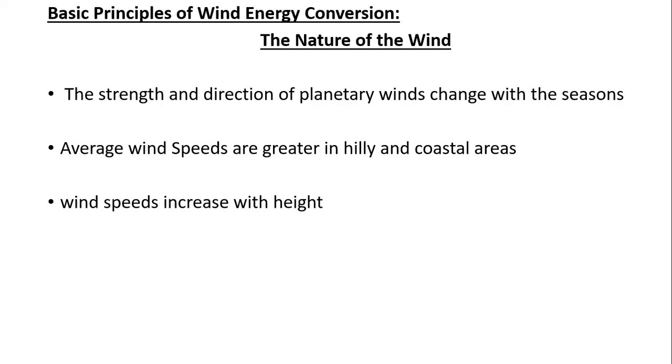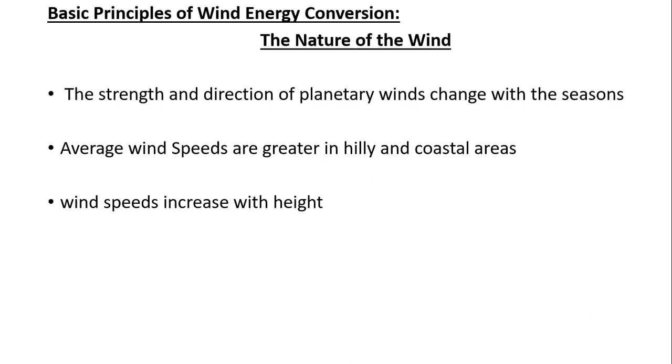This is done at the tropics, Tropic of Cancer, Tropic of Capricorn, that means at the equator. But the direction of this massive air movement is affected by the rotation of the earth.